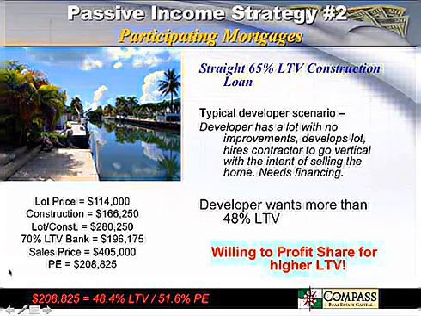In terms of construction, to build a little waterfront home, a small 3-bedroom, 2-bath, sub 1,300 square foot home, with a davit right here where someone can pull their boat out of the water and enjoy their little weekend getaway, it costs about 166 grand to build. So you've got 114 in the lot, and 166 grand between the house and septic system and landscaping and things of that nature.